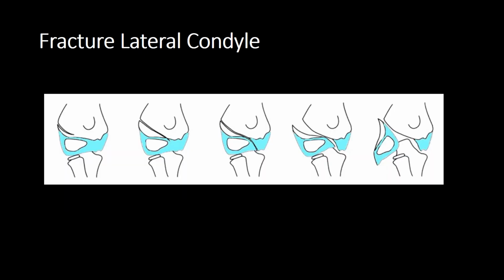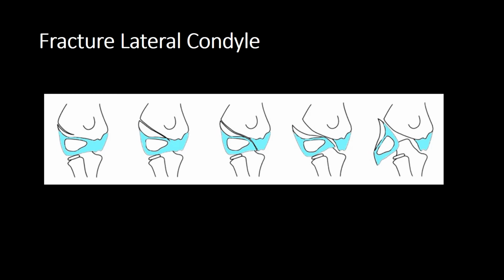Fractures of the lateral condyle are the second most common fractures in paediatrics of the elbow. It's important to remember that when you look at a paediatric elbow, we see this unossified cartilaginous structure and might be fooled into thinking it was just soft tissue. It's not.